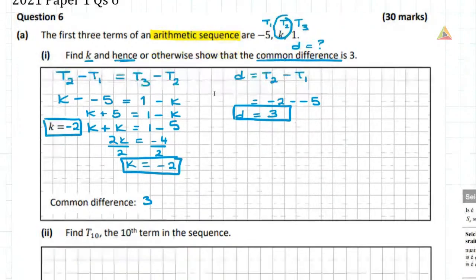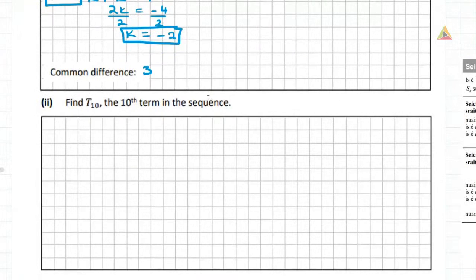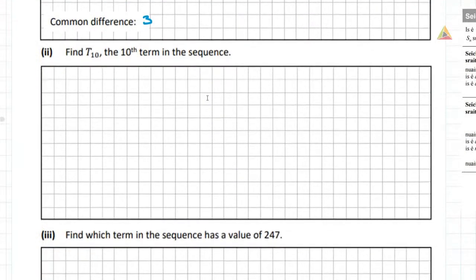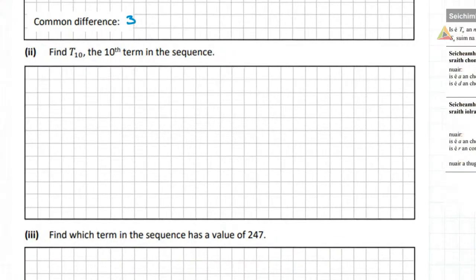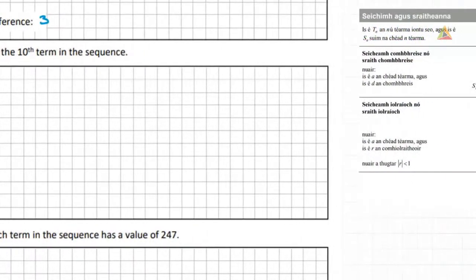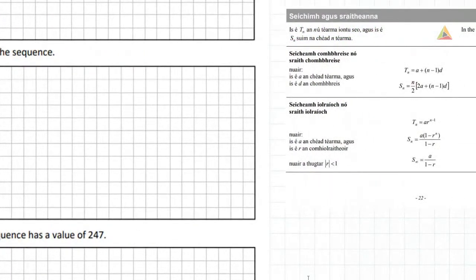The next part of this sum asks me to find T10, the 10th term of the sequence. Now you could just write out your pattern, so it doesn't say you have to do it in any particular way, but I'm going to use my formula from page 22 of my tables. So just to remind you of this formula here, I'm looking for Tn. So Tn here is my general formula for any pattern.